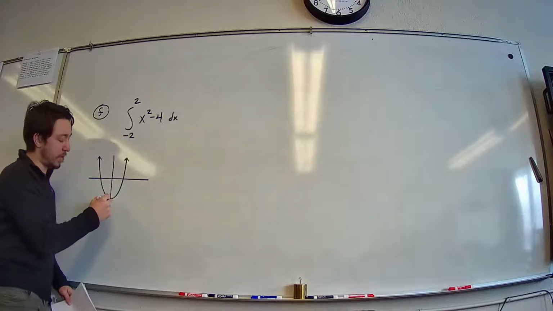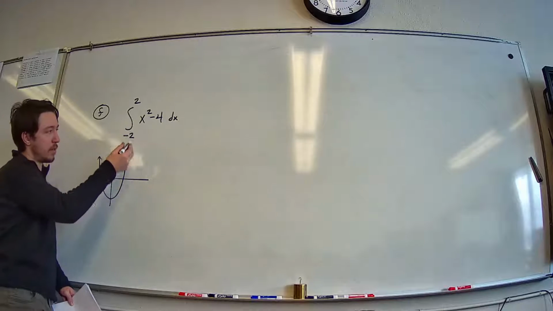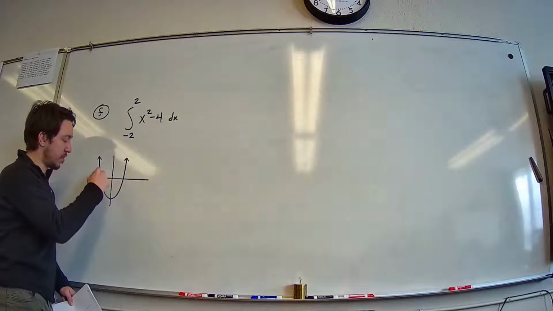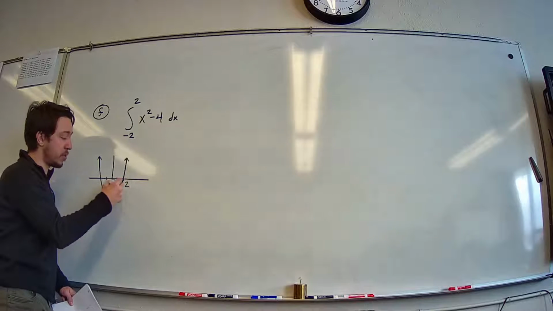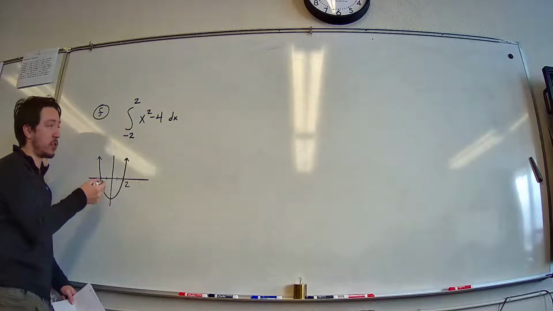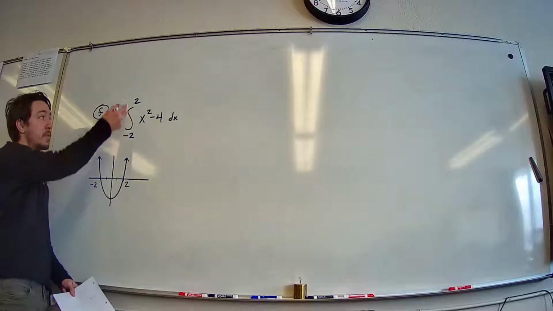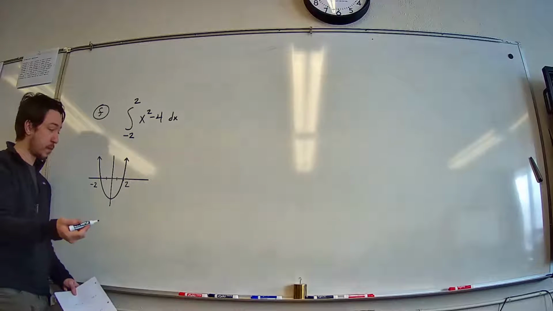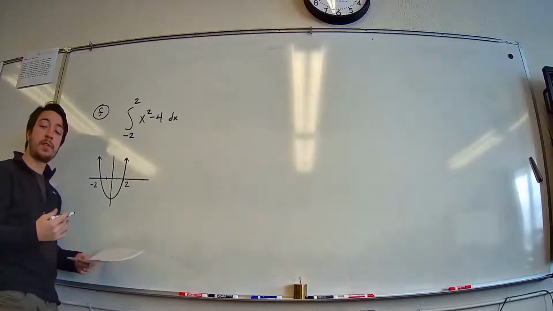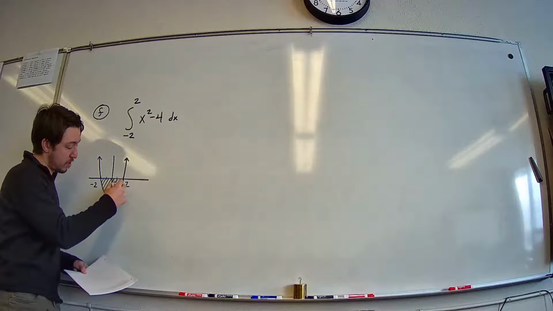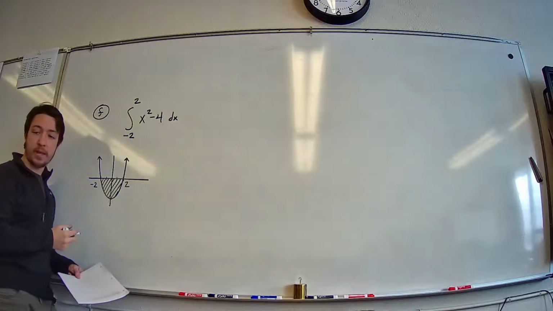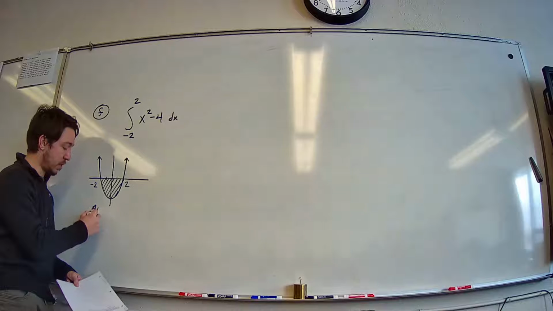It's a shifted down parabola, and hopefully it's fairly obvious that this is going to cross the x-axis at 2 and at -2, which just so happens to be the bounds of the integral. So the area trapped between this function and the x-axis is all down here. What kind of area is all that? It's all negative.